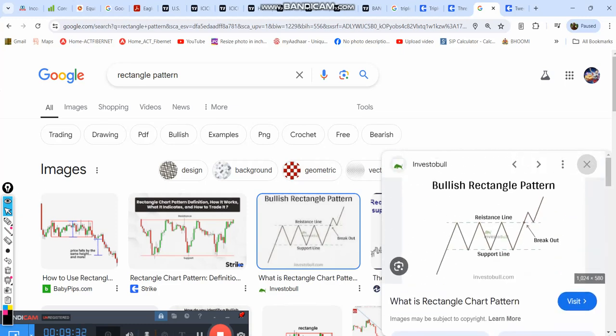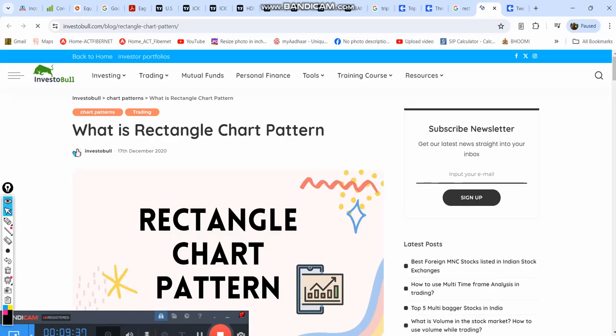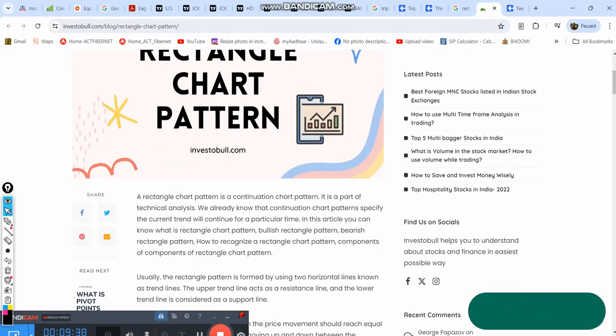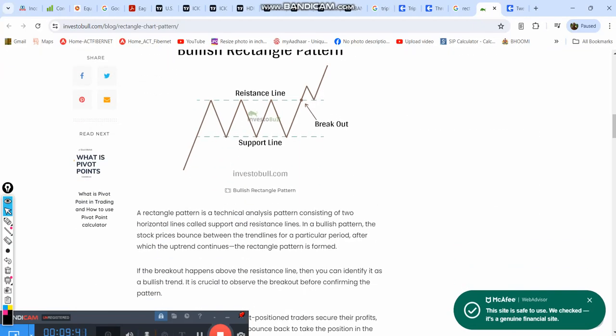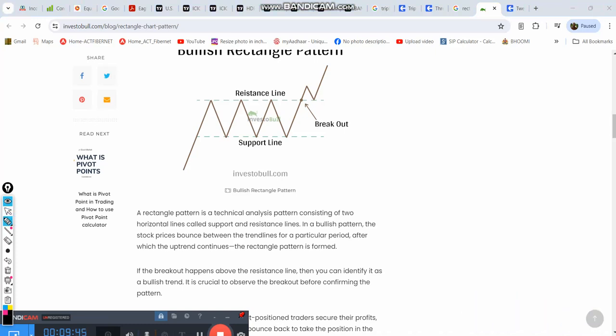Rectangle pattern can be either bullish or bearish. Rectangle chart pattern. So this is the resistance line. So after a bullish uptrend, market is facing resistance and it is receiving support and then breakout, retest and breakout. So this is a bullish rectangle pattern here.